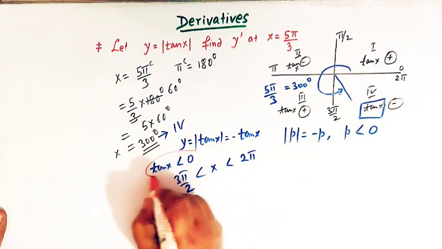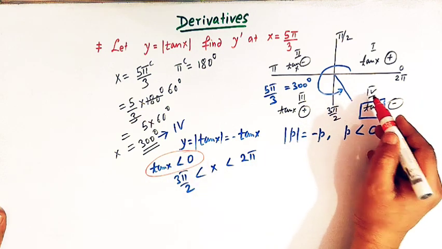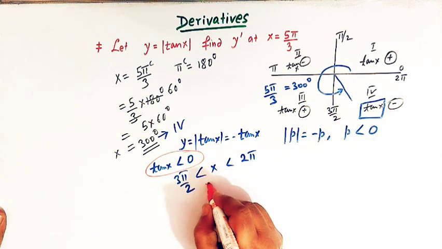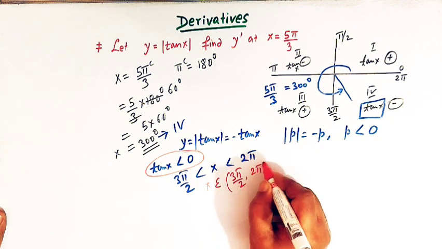So the tangent function is negative in the fourth quadrant, because here x lies in the interval 3 pi by 2 to 2 pi, right?